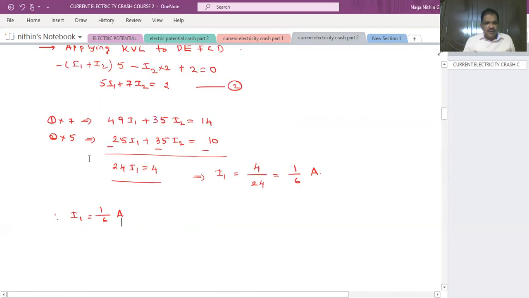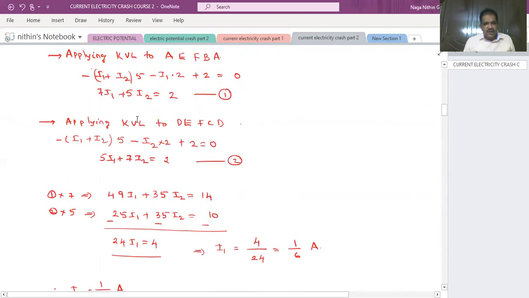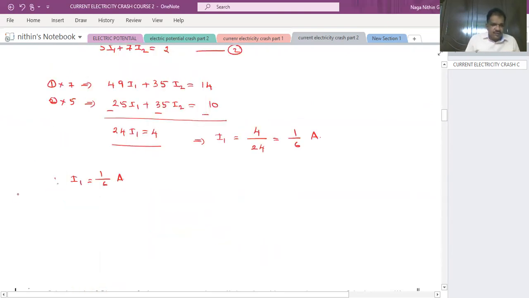This I1 value, if we substitute in either 1 or 2, from 1, 7 into 1 by 6 plus 5 I2 is equal to 2. 5 I2 is equal to 2 minus 7 by 6. 12 minus 7 by 6 means 5 by 6.